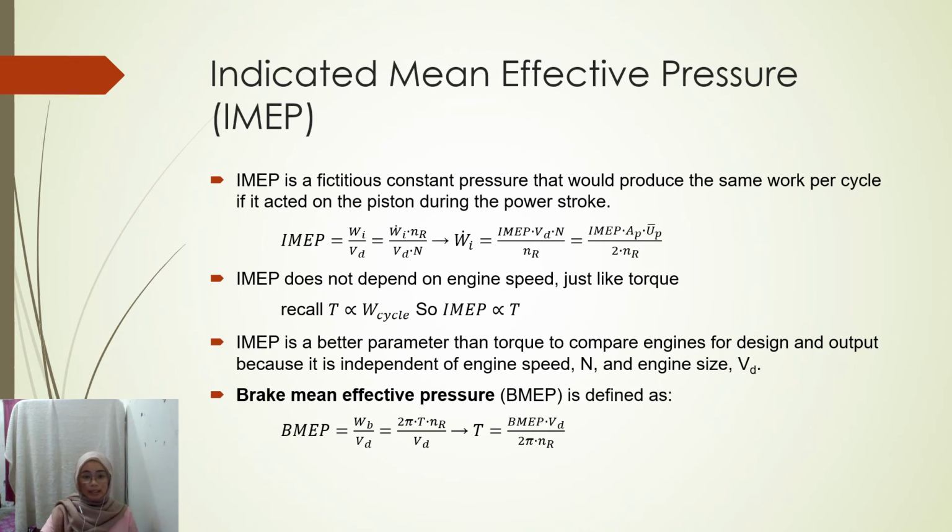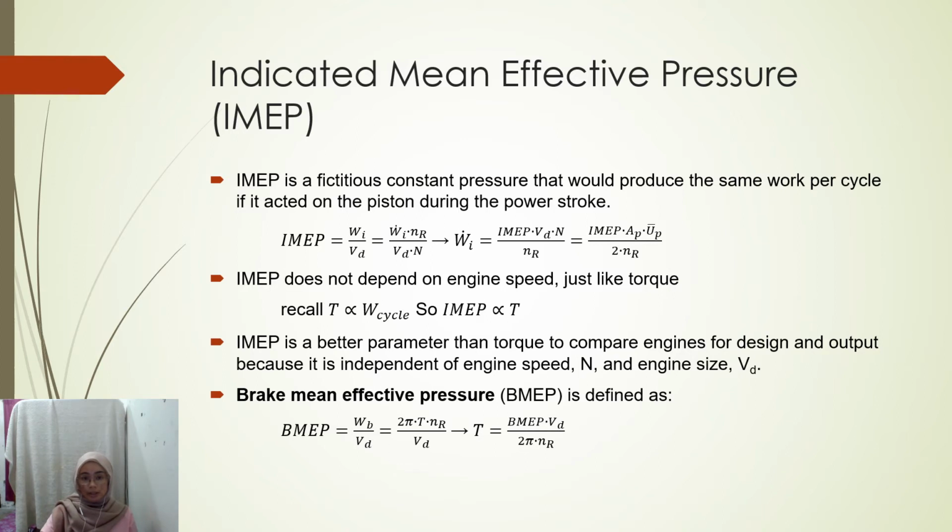Moving on to the indicated mean effective pressure, also known as the IMEP. IMEP is a fictitious constant pressure that would produce the same work per cycle if it acted on the piston during the power stroke.